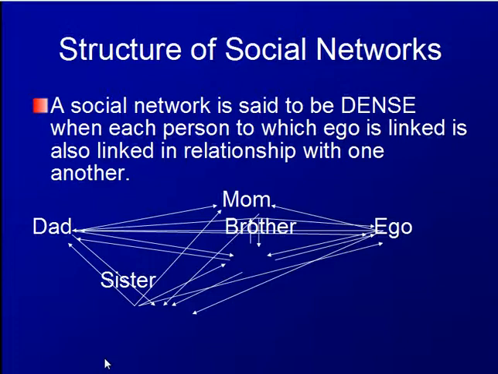There are two types of social networks. A dense social network is when each person to which ego, or the anchor, is linked in some kind of relationship is also linked in some kind of relationship with one another.